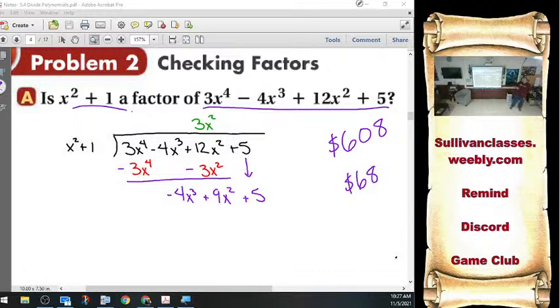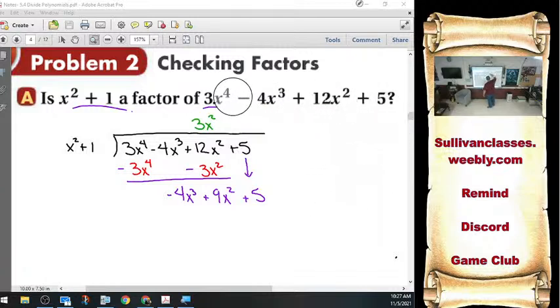There wasn't an x term in either one of them. So I need a 0 as a placeholder. Now, I don't need to erase anything. Nothing has changed. Well, I need to erase one thing, just this, because I need to put a 0x and then a 5.